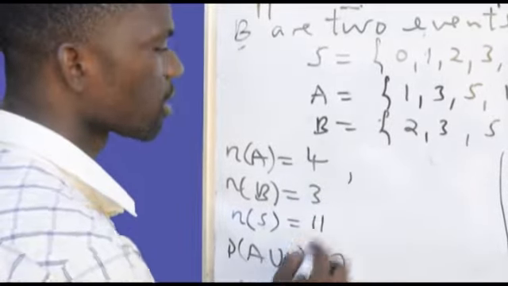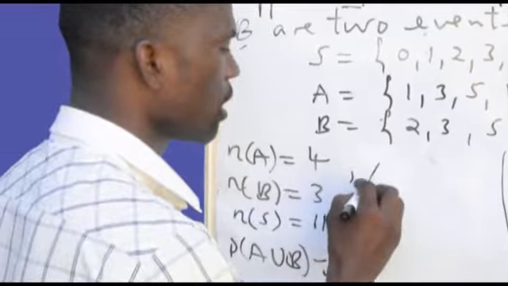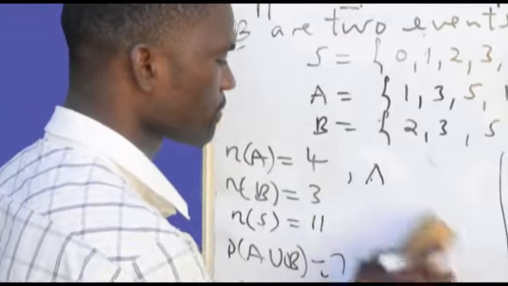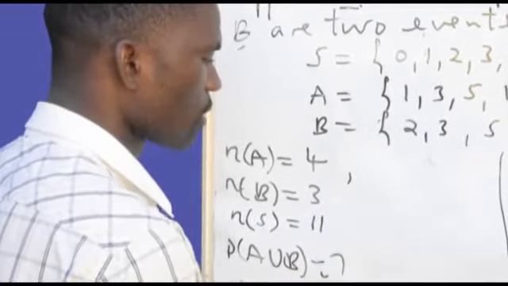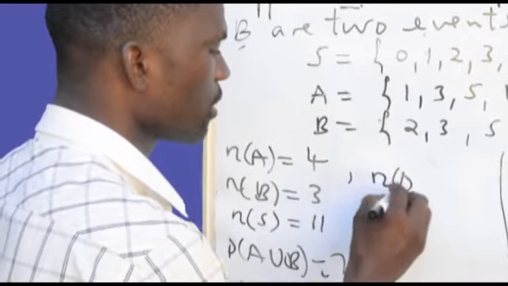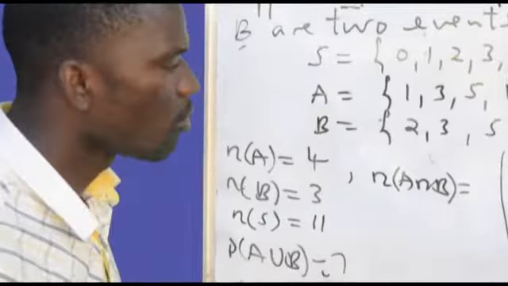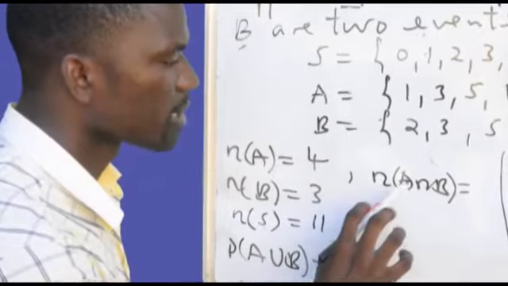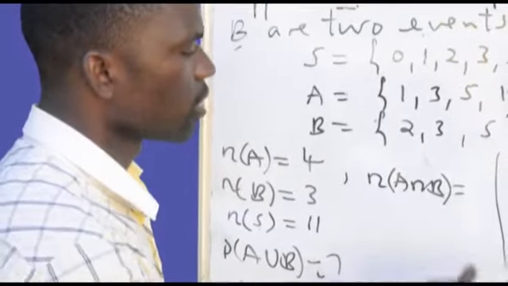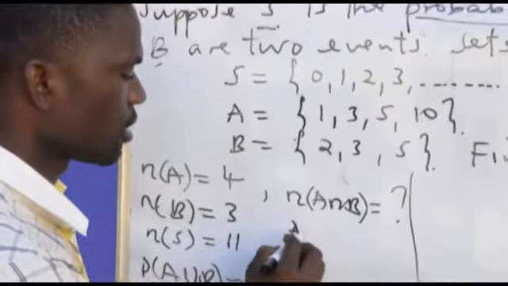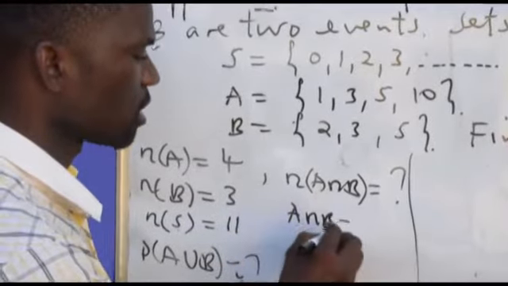But another important thing is the number of A intersection B. How many members appear in both set A and set B? In order to answer this, first, what is set A intersection B?